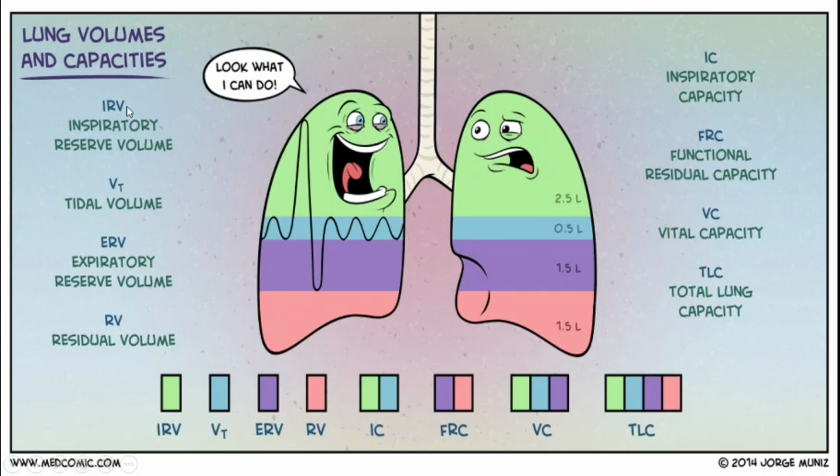Now, if you add up these four volumes, 1.5, 1.5, 0.5, and 2.5 liter, you will get the total lung capacity. So the total lung capacity is the sum of all these four volumes of the lung, which is 6 liter.